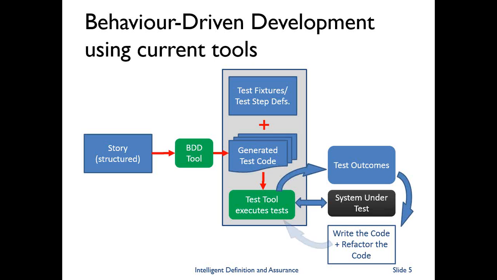So the process becomes: the developer runs the tests, looks at the outcomes, and then writes code, and manages and edits the code to pass the tests. This cycle of test fails, change the code, run the test passes, allows the developer to evolve the software itself.